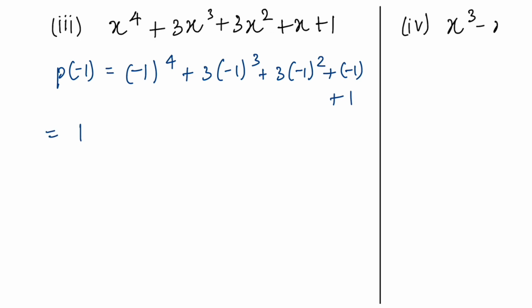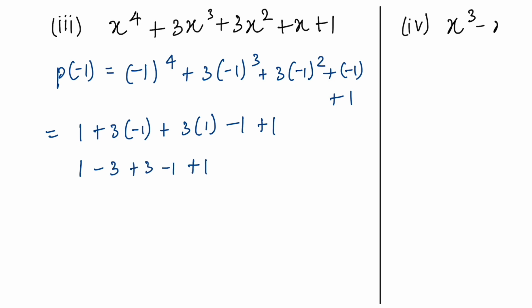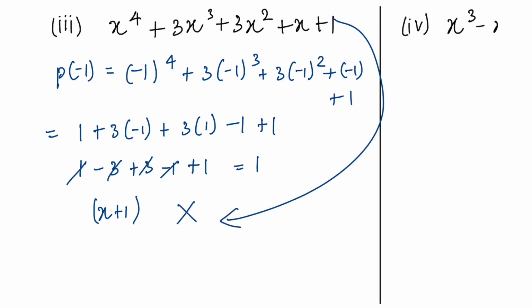Minus 1 power 4 is 1, plus 3 into minus 1 cube is minus 3, and again plus 3 into minus 1 squared is plus 3, and we have minus 1 and plus 1. So 1 minus 3 plus 3 minus 1 plus 1. This minus 3 and plus 3 get cancelled. This 1 and minus 1 get cancelled, and that gives you 1. So x plus 1 is not a factor for this polynomial. The basic process is just going to get repeated. There is nothing new or innovative here.